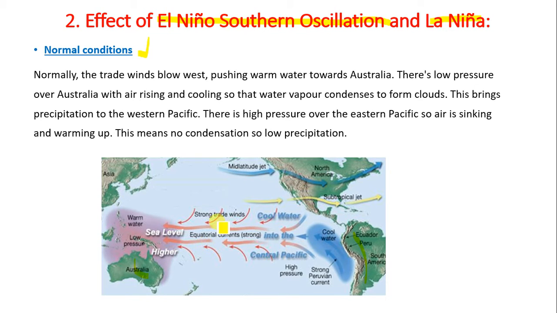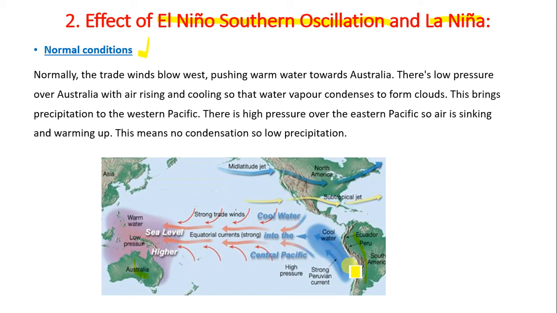So the warm equatorial trade wind blows westward, and it carries along with it a warm current, which rises at Australia, condenses, and falls as rain.